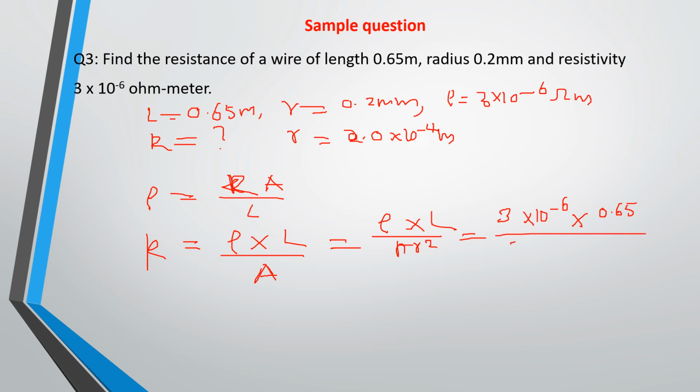Pi is 22 over 7 times the radius squared, which is 2.0 times 10 to the power minus 4, all squared. So if you punch this out from your calculator, you have that resistance will be equal to 15.5 ohm.